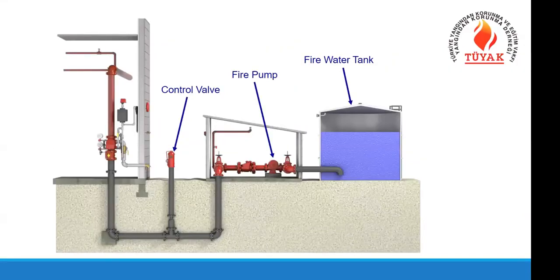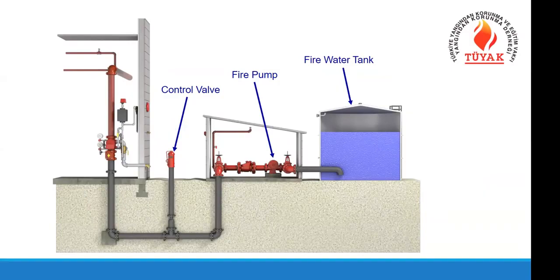Especially in projects in Turkey, almost all projects have a fire water tank supplying our fire protection system, a fire pump room, and inside the building an alarm valve and sprinkler systems. So there is a complete system consisting of water supply, pump system, and valve systems. And in the end, we have the sprinklers.